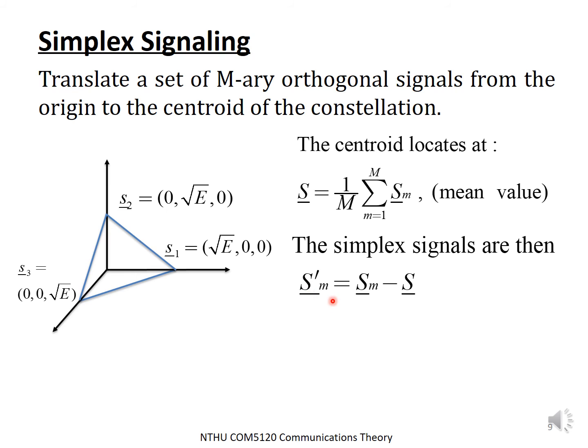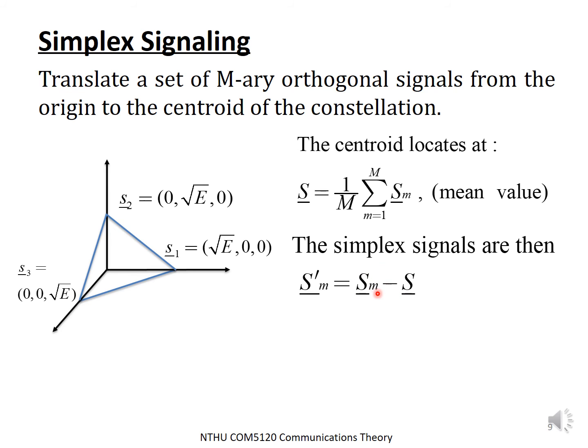The symbols become Sm prime, and Sm prime is the shift of every Sm by the same amount of the average vector, the centroid.